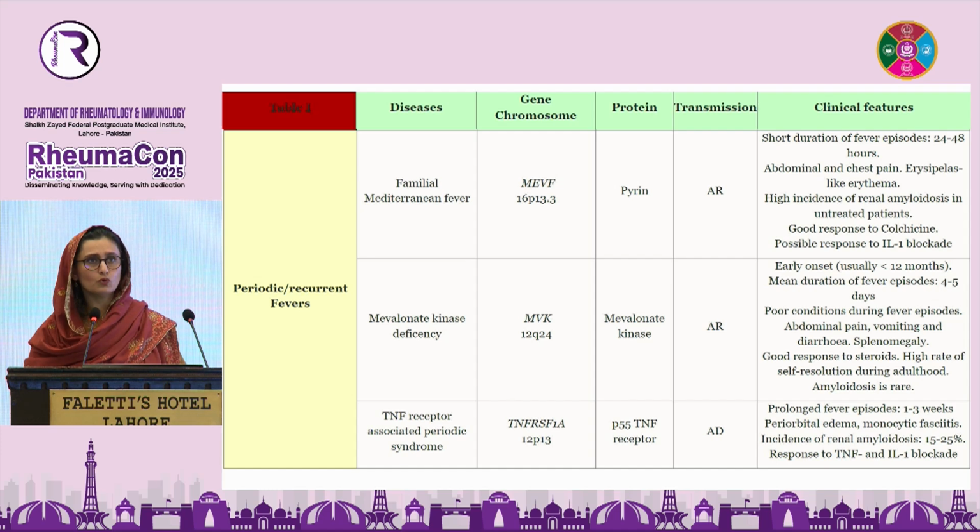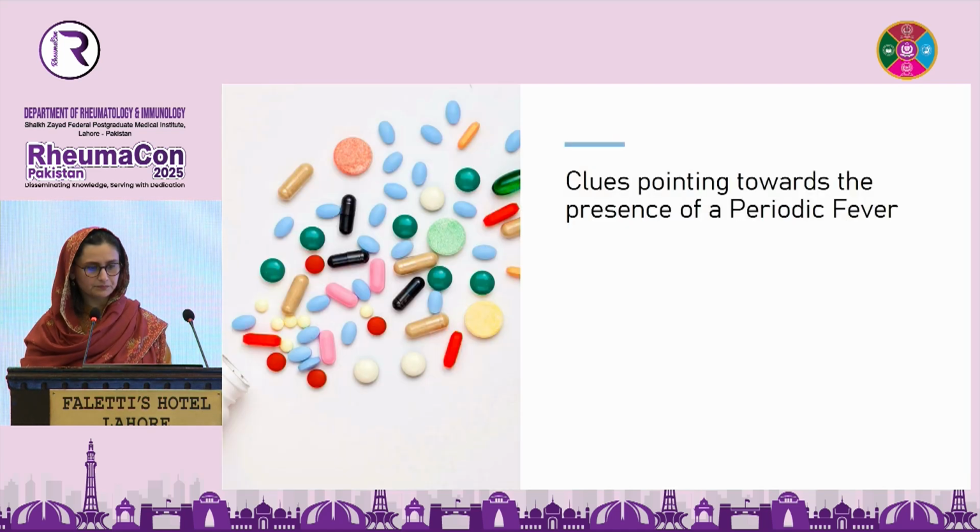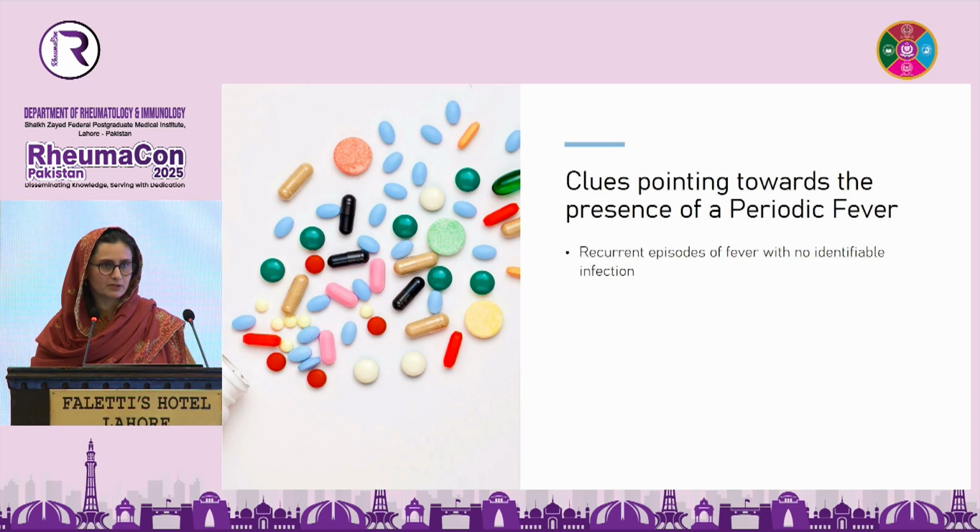Although there is no genetic abnormality that can account for PFAPA syndrome, since it shows a periodicity, it has been included in the periodic fevers group. So there are certain clues that can point towards the presence of a periodic fever. First and foremost, the periodicity of the symptoms, as I've discussed earlier.